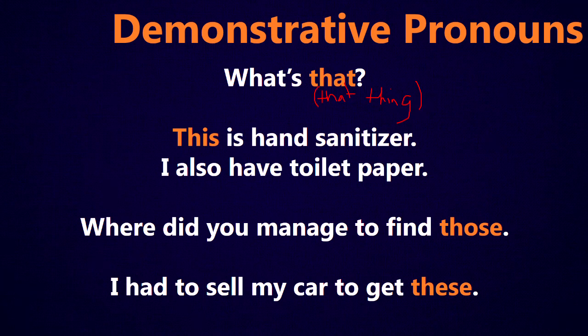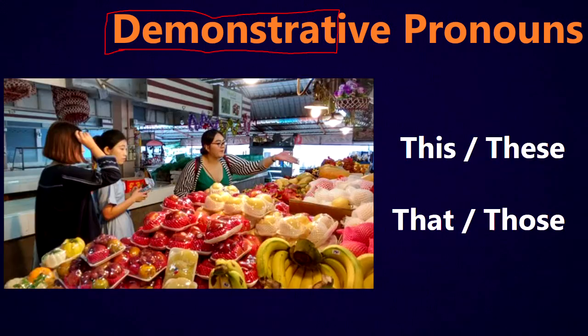Or I can just say, what's that? So the word that is taking the place of that thing. This is hand sanitizer. So again, this thing. So this thing is hand sanitizer. So this and that are singular.